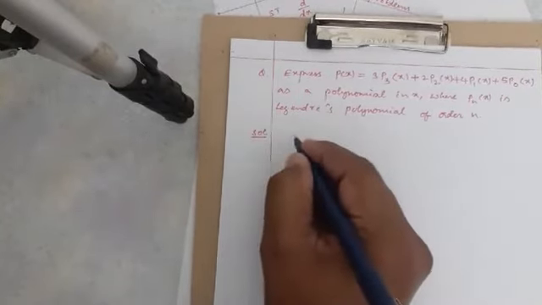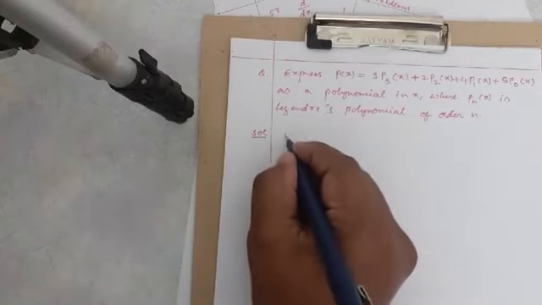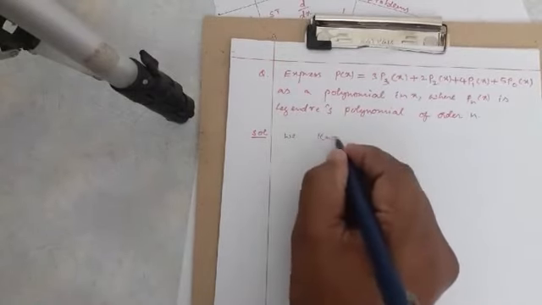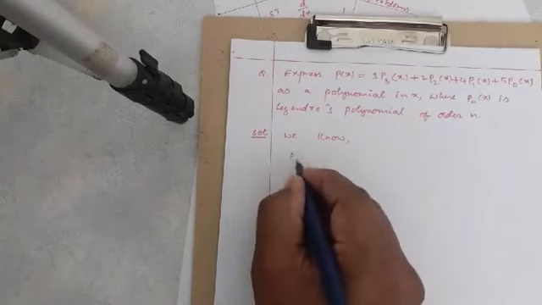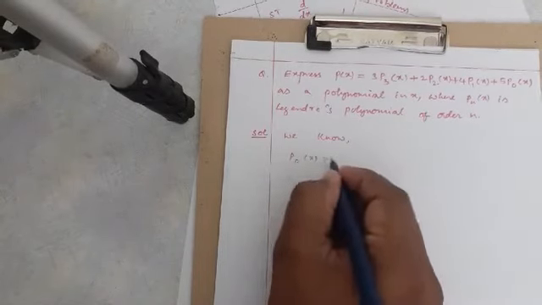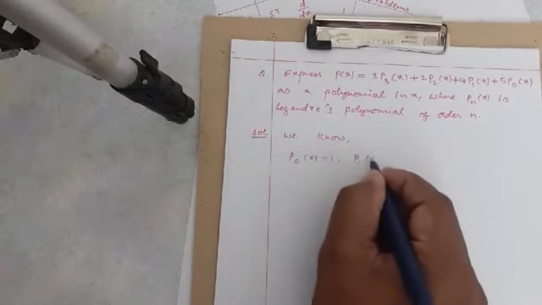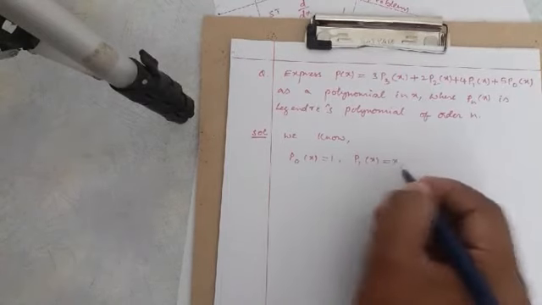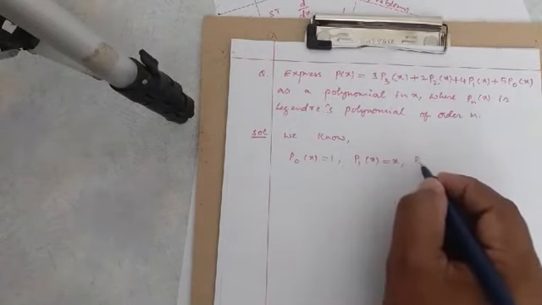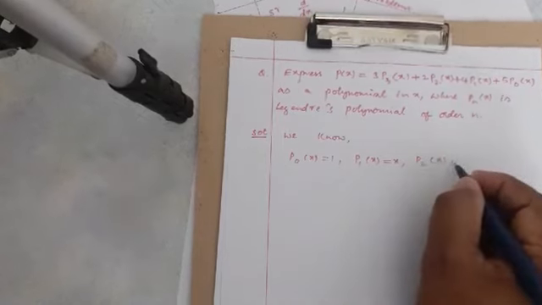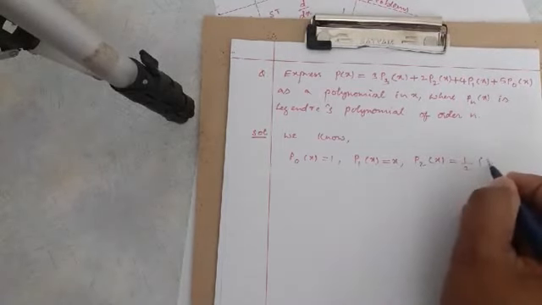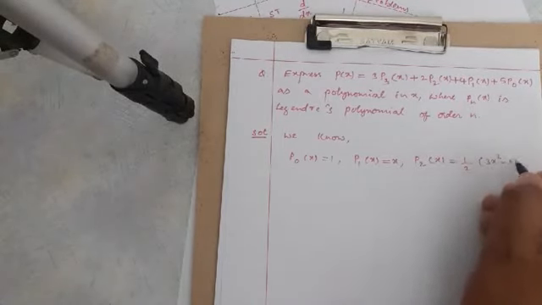So the solution for this problem is, as you know, P0(x) is nothing but 1, P1(x) is nothing but x. Then P2(x) is 1/2 (3x square minus 1).